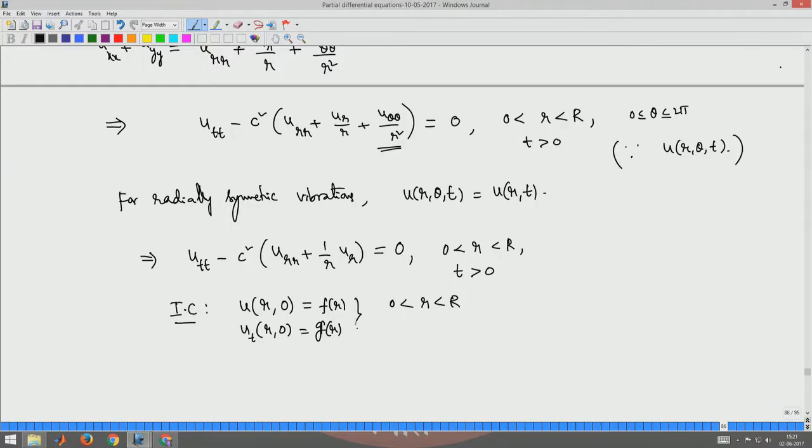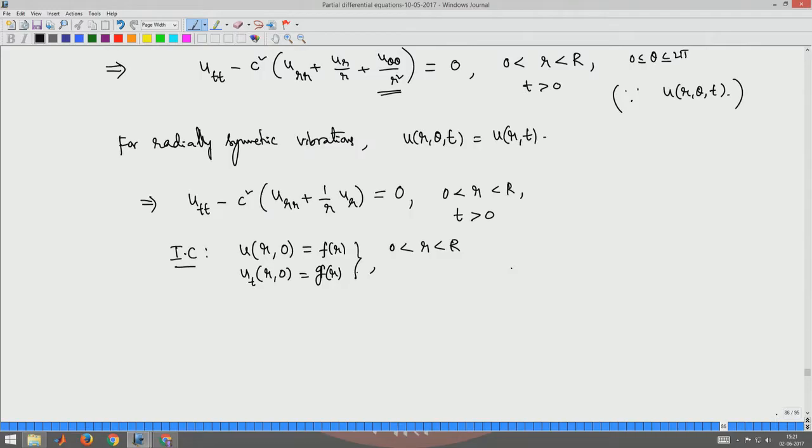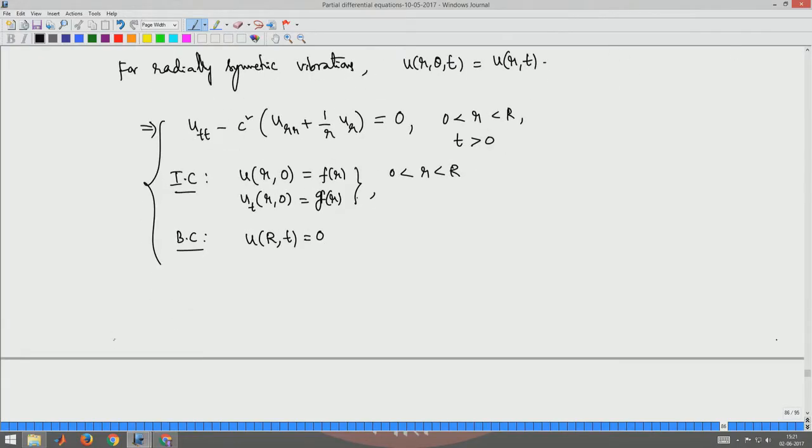Then the boundary condition of the drum: you fixed it, so this, with capital R, is the boundary of the drum, and u is 0 for all times. So, it is fixed. This is the boundary value problem you want to solve by separation of variables.